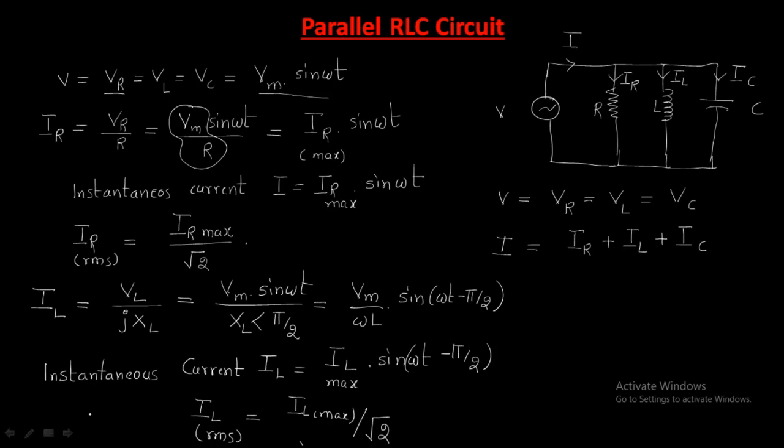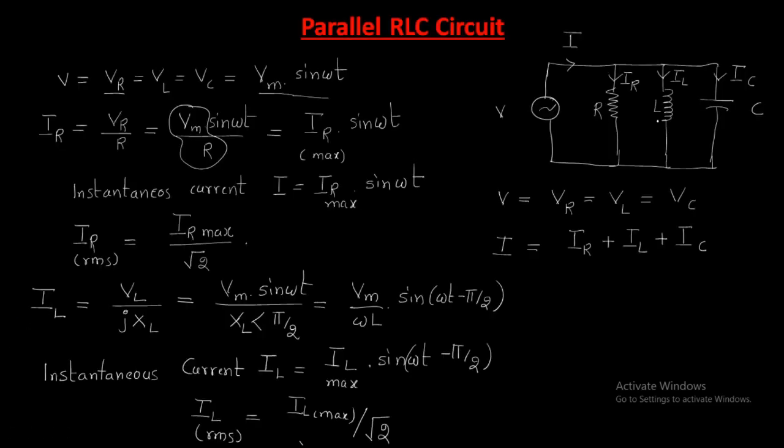The remaining current is the current flowing through the capacitor. Look here: the voltage across the capacitor by the capacitive reactance. So the current flowing through the capacitor, IC, equals the voltage across the capacitor by the capacitive reactance, which we can write as minus jXC.